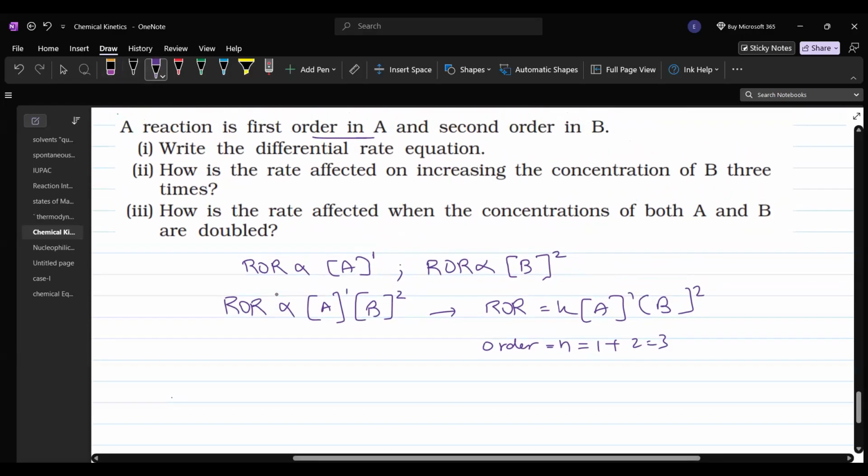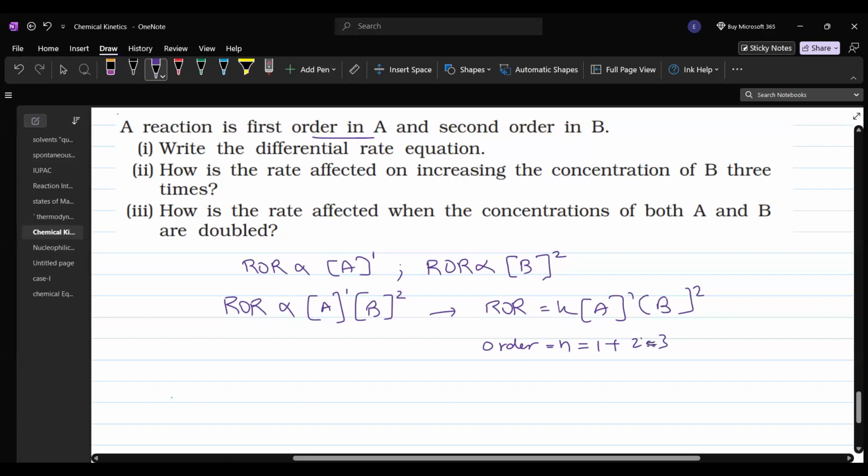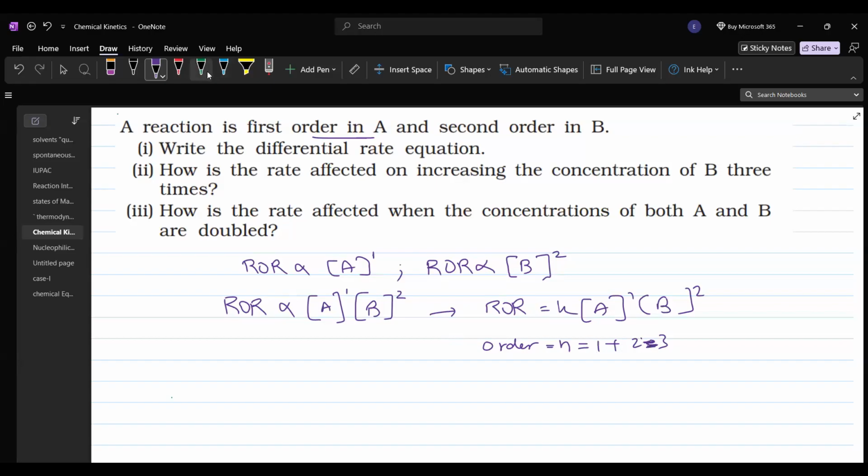We are increasing the concentration of B 3 times. I'm asking how much the rate of reaction will increase? So will it be k into A raised to 1 and 3B raised to 2? You have to tell me whether it is increasing 2 times, or 6 times, or 8 times, or 10 times.